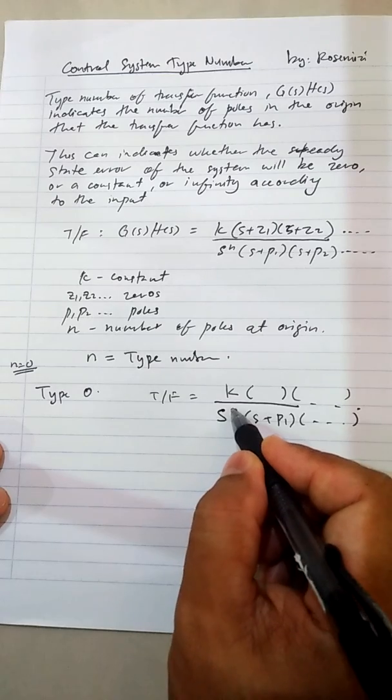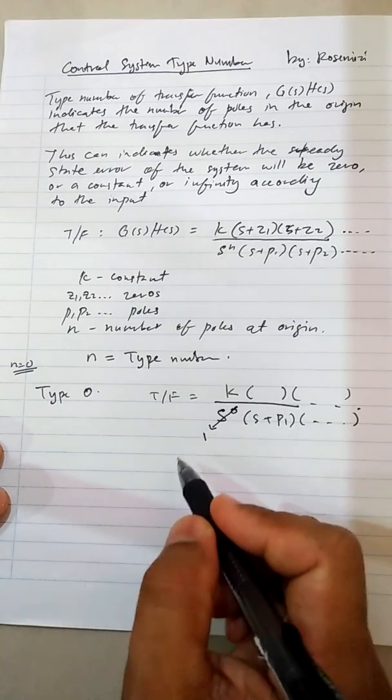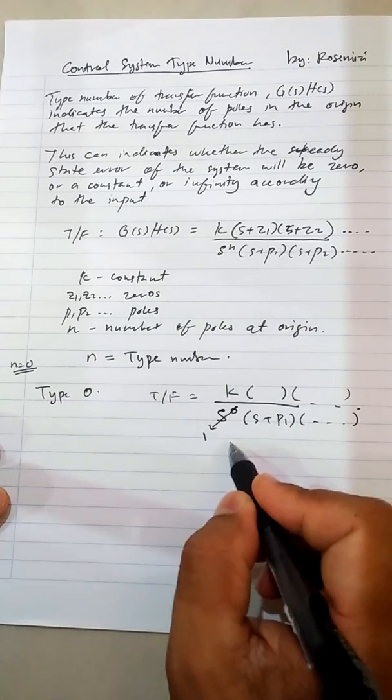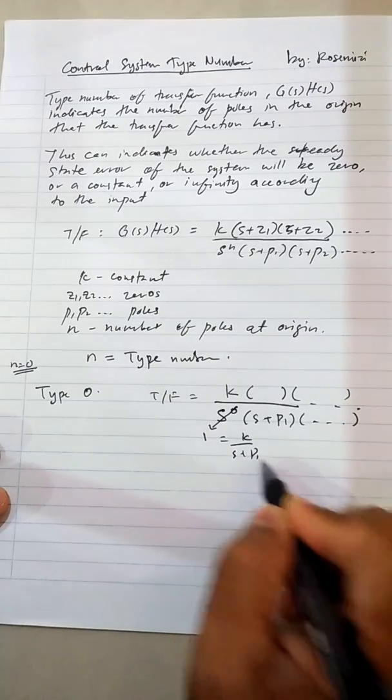From here we can see that s^0 is equal to 1. So it will become K over (s+P1).